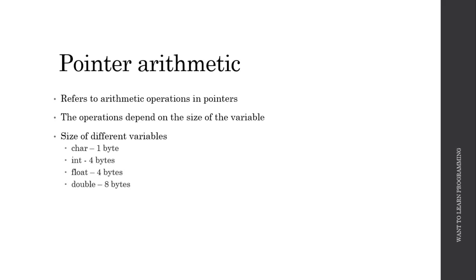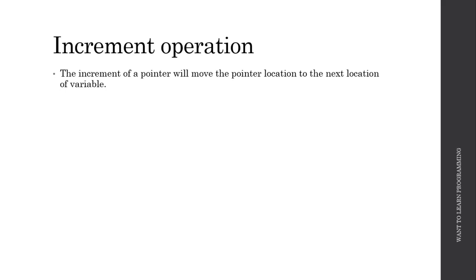So let's look at how increment operation works in pointers in C. The increment of a pointer will move the pointer location to the next location of the variable.